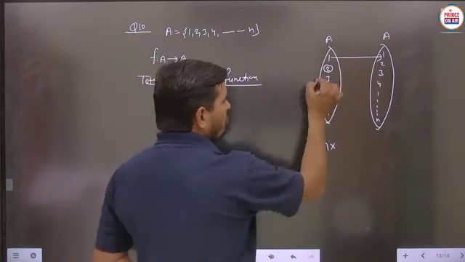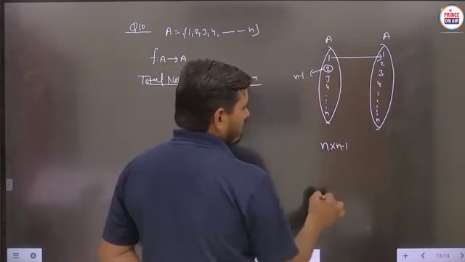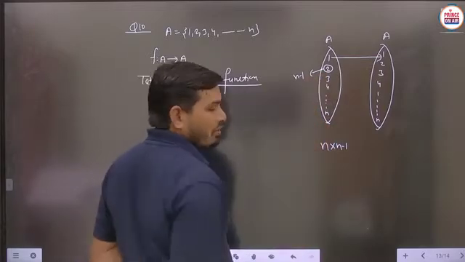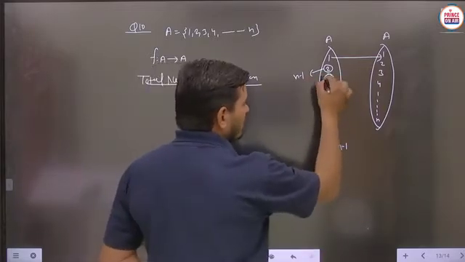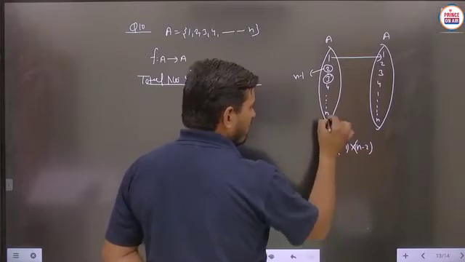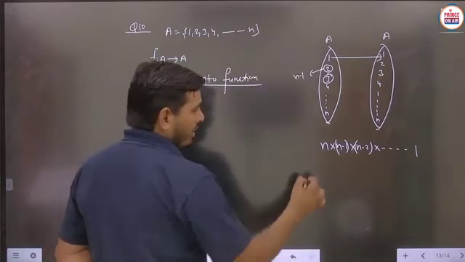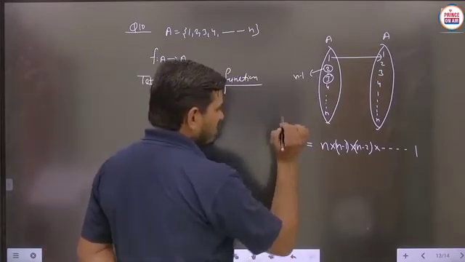So for 2 there will be n minus 1 choices. Similarly for 3, n minus 2 choices will be there, so that the last one has only one choice. Is it clear? And this particular part will be written as n factorial.